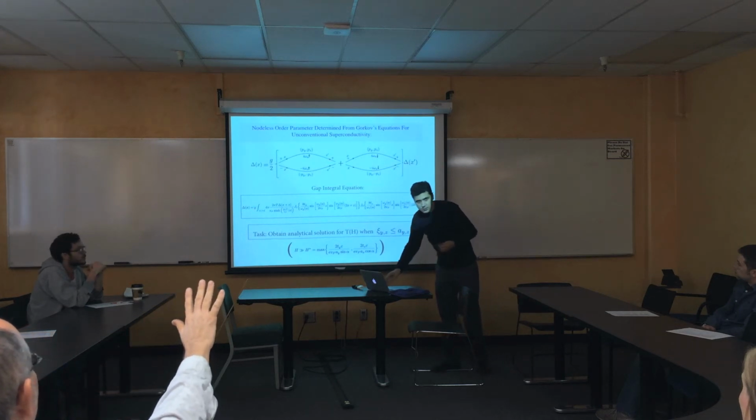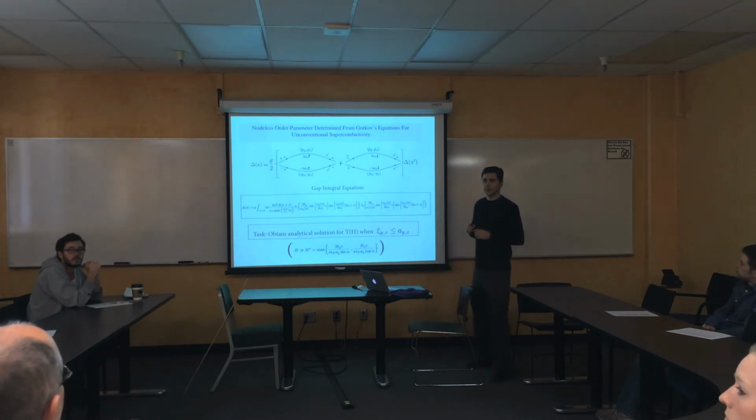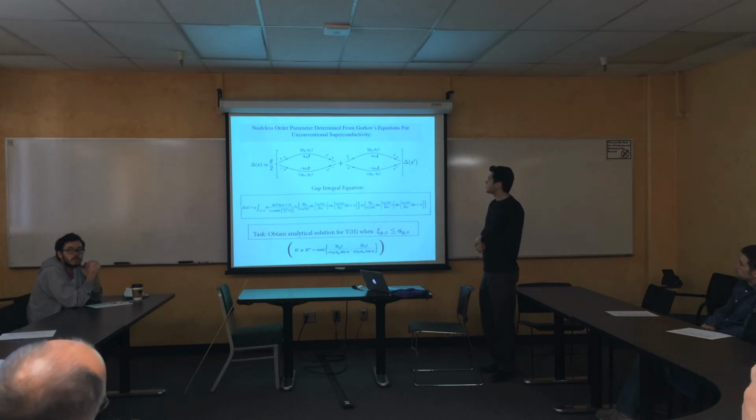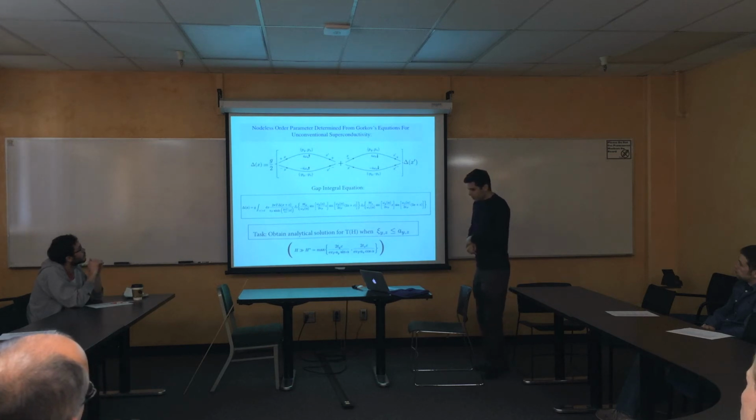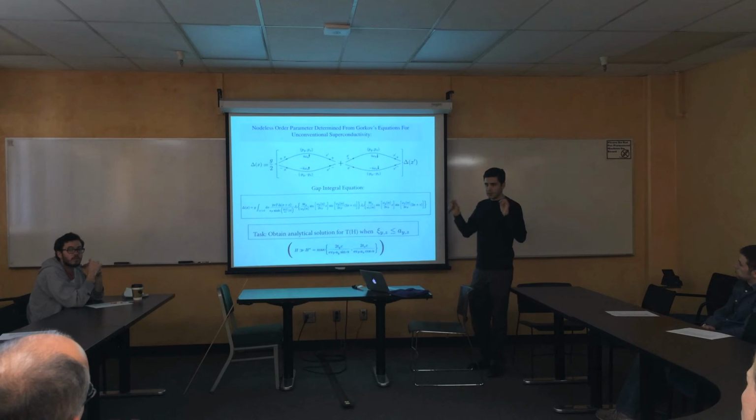Now, can I ask a question? It says that the order parameter is nodeless. Is that possible when you have a triplet spin wave function? So the order parameter in this case is assumed not to have zeros on the Fermi surface, but it does change sign.